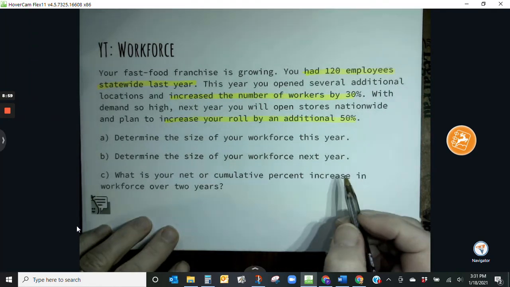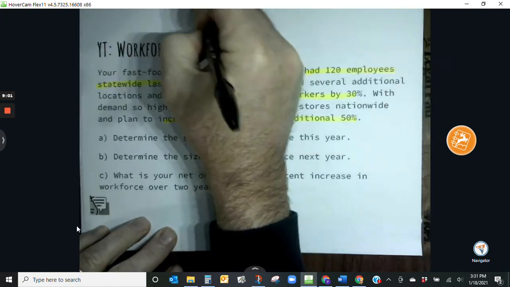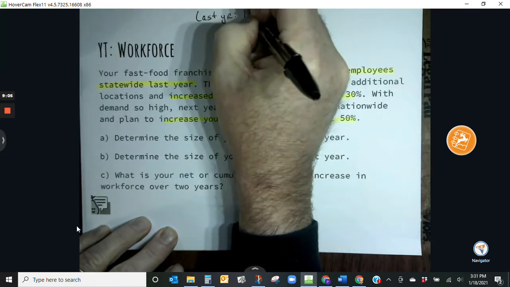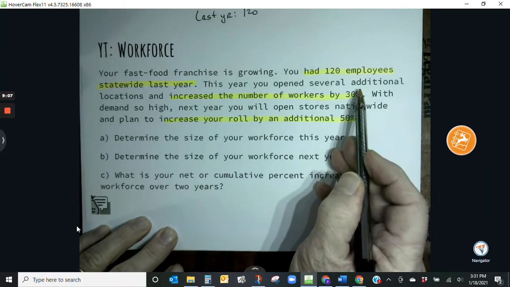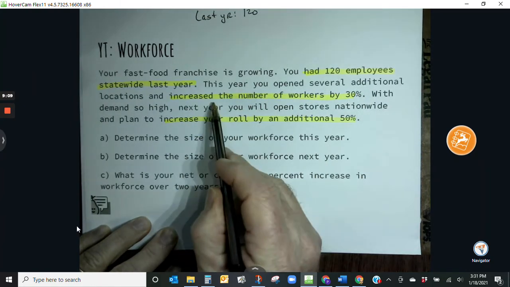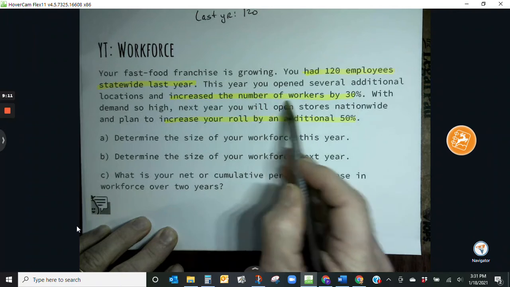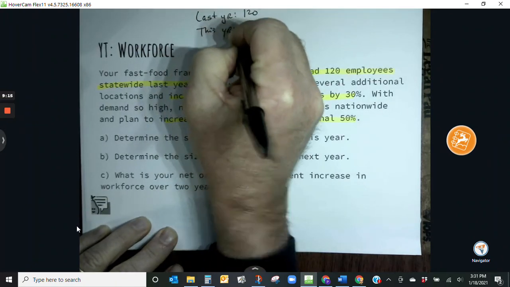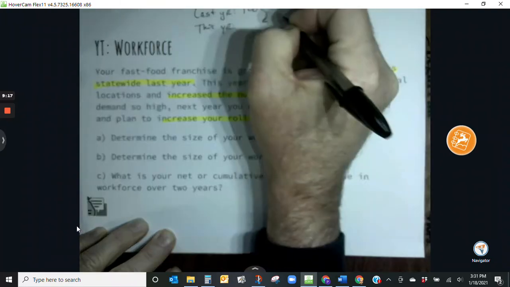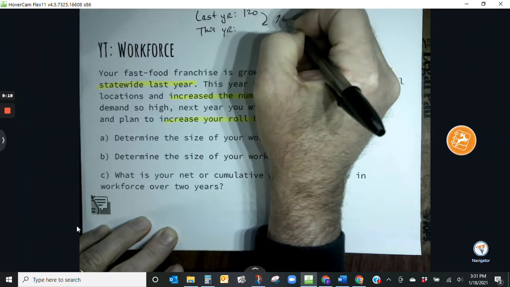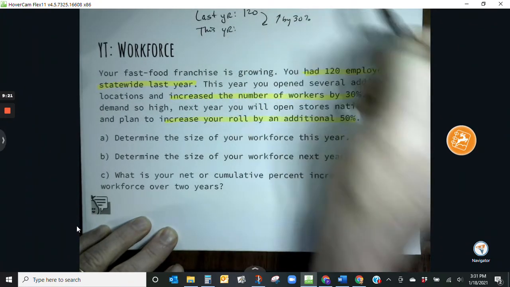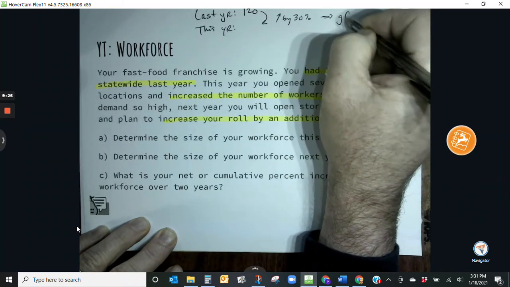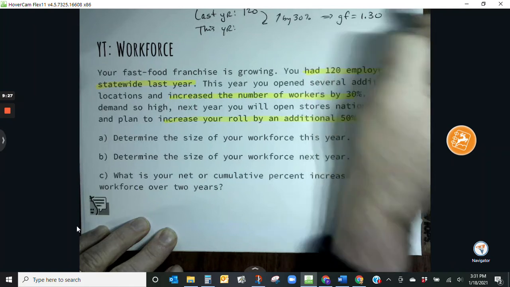So, what do we have? Last year you had 120. This year you opened several additional locations and increased your workforce by 30%. If you go up by 30%, that's a growth factor of 1.30.